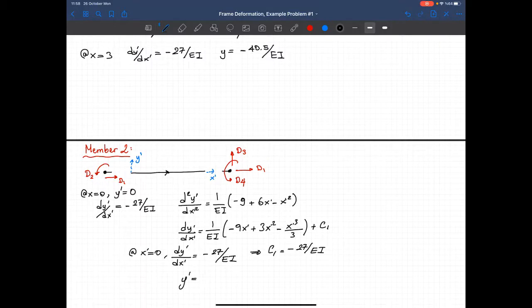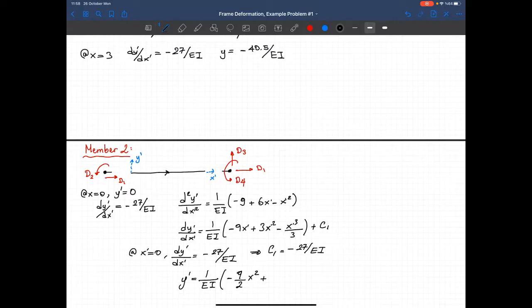y is equal to 1 over EI again, so minus 9 over 2 x squared. I'll not put primes, you know that they're all primes, so let's not waste time with that.